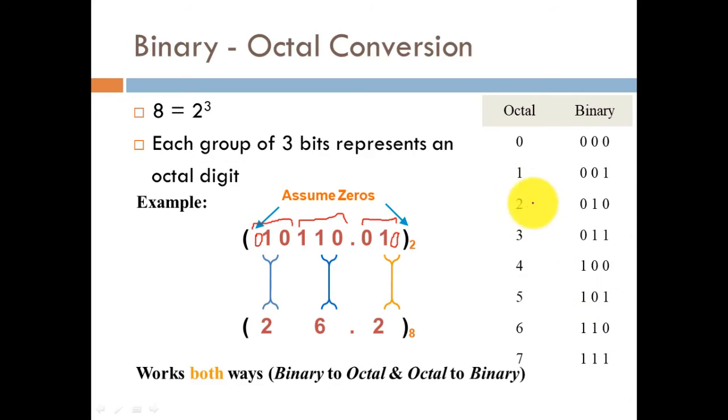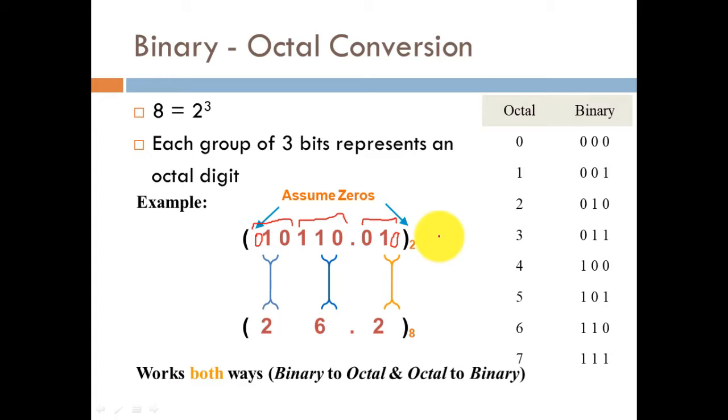So this is just the binary equivalent of these digits. If you closely observe, it works both ways, whether you are converting octal to binary or binary to octal. So hopefully you will get the insight into how we are going to convert binary to the octal number system.